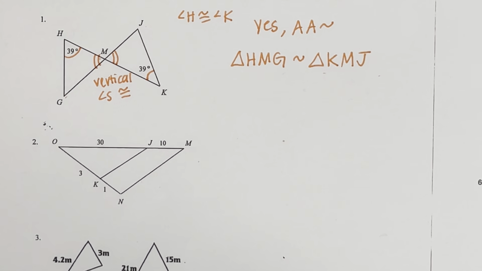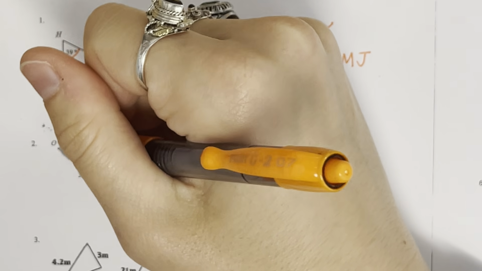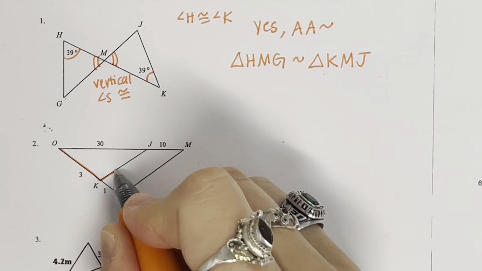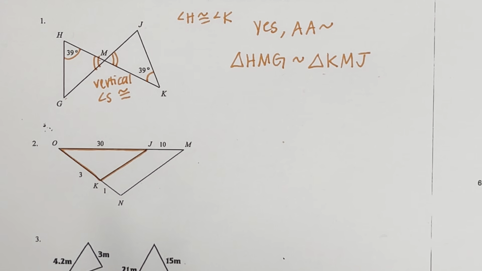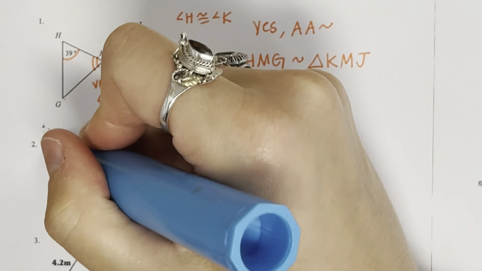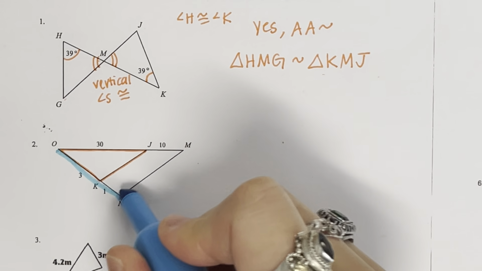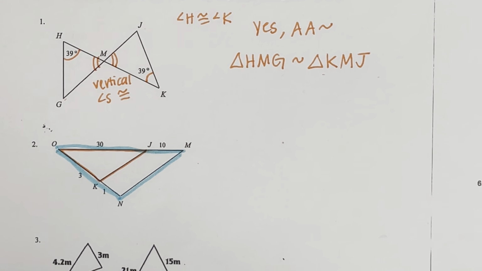Number 2, I've got two different triangles and they are overlapping triangles. So I have this triangle here, OKJ, and it is laying on top of the other triangle over here, which is ONM. So I've got this orange triangle on top of the blue triangle.